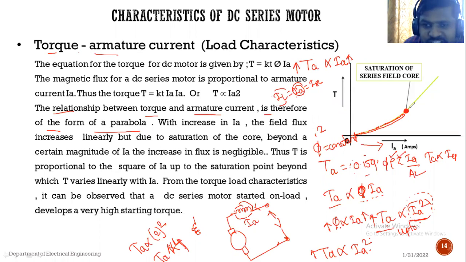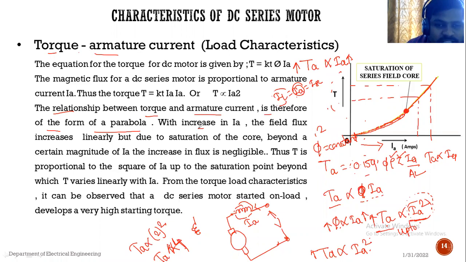That means after the saturation point, the curve will be like a straight line, a linear curve. As the armature current increases, the torque increases. Again the armature current increases, the torque increases. So this curve is nothing but the torque versus armature current characteristics. That is, up to the saturation point, the curve is a parabolic path, and after the saturation point, the curve is a straight line.